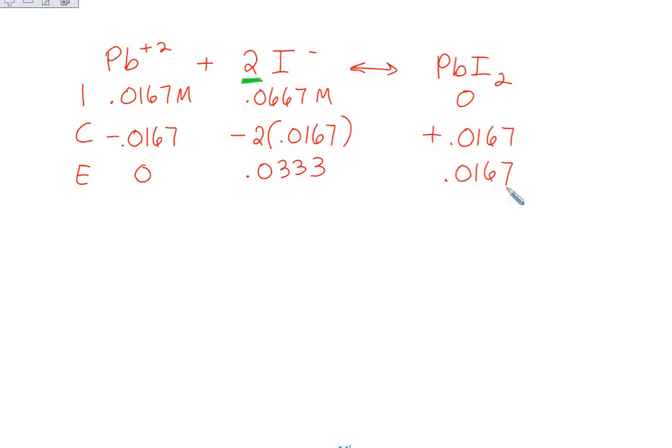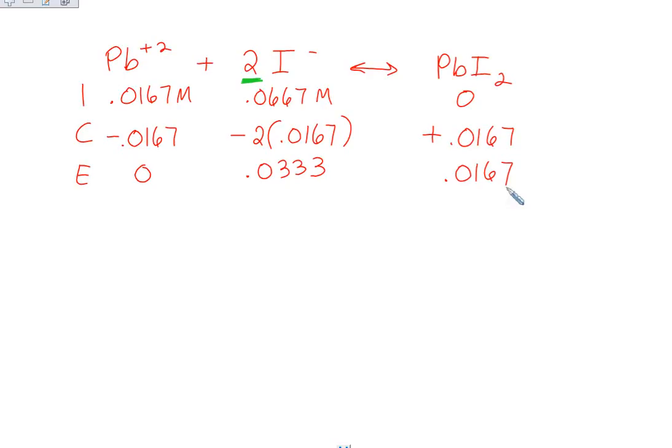Now here's the stinky part. At the end of this ICE table, it makes it look as if there's no lead. Lead was my limiting reactant, right? Well, with these precipitates or these insoluble compounds like lead iodide, they do have a tendency to redissociate. So you form some of this lead iodide, but some of it will dissociate back into lead and iodine ions.